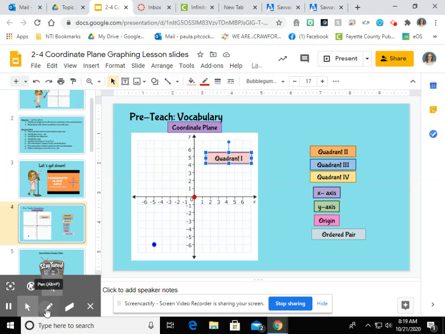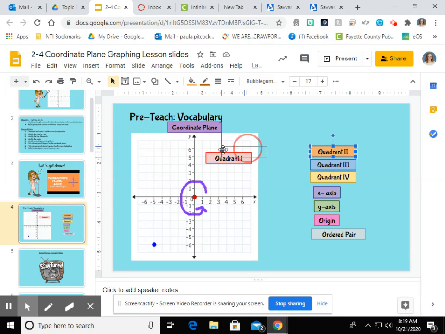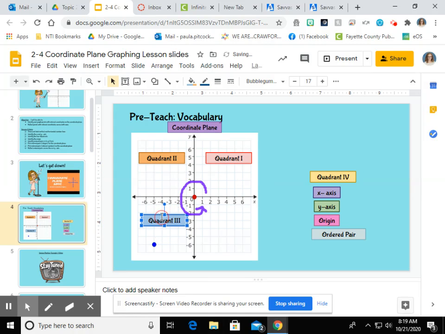What that means for quadrants is it kind of makes a C, okay, or a G. So quadrant 2 is actually here, then quadrant 3, then quadrant 4. So you have to know which quadrant points are located in. For example, this blue dot is located in quadrant 3.